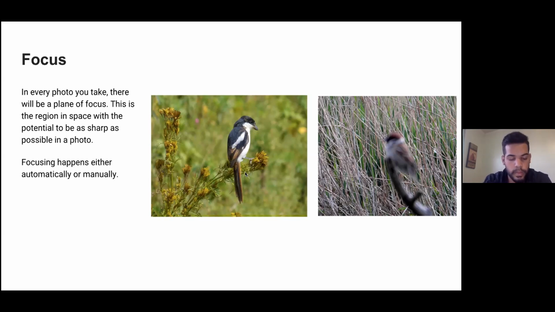So hopefully by the time we get to the end of this class, and we'll talk about this in a second, starting off, I'm pretty sure most of you are using your cameras on automatic, and most people do that. If you have a DSLR, there are different modes you can use, which we can talk about, but it seems like most of you are using your phones.